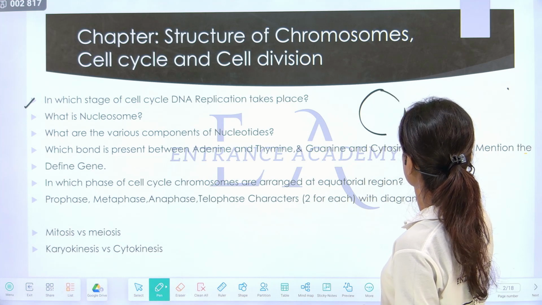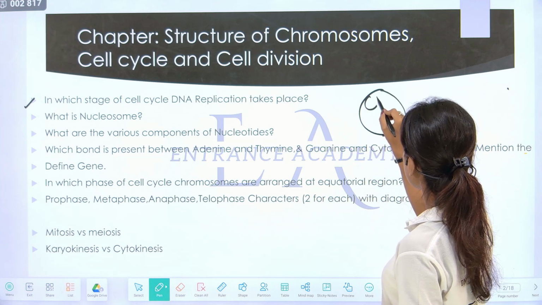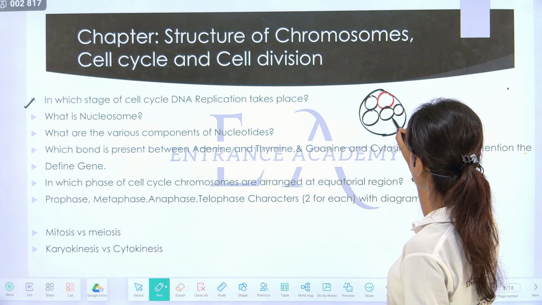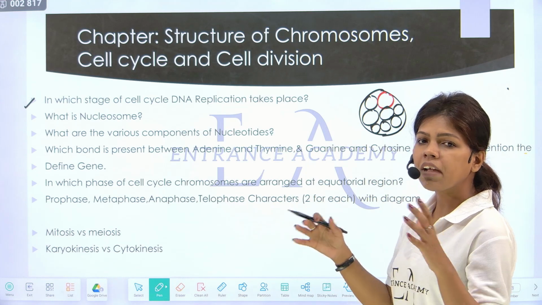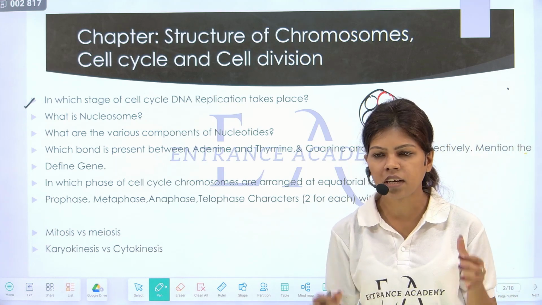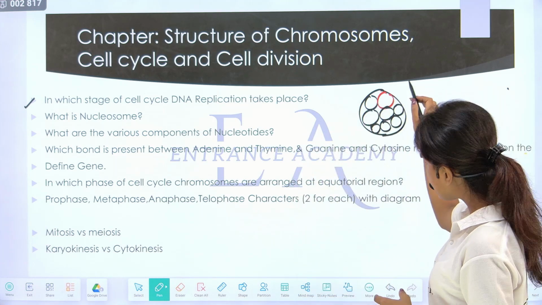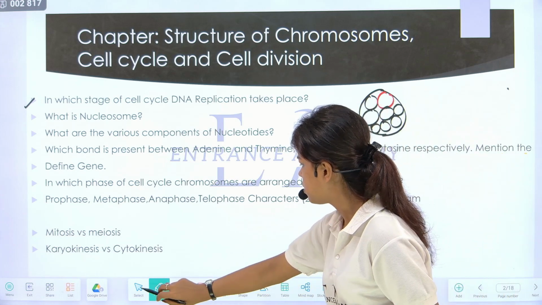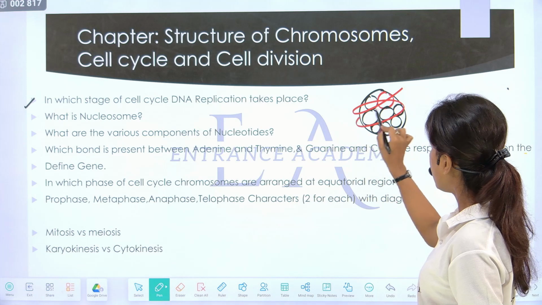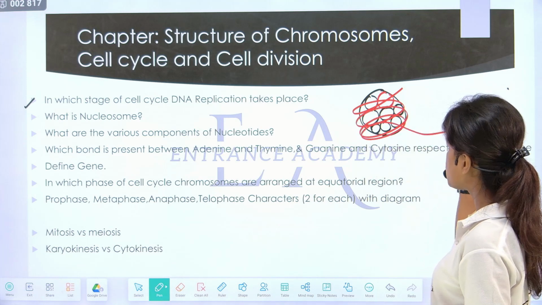There is a core of 8 histone proteins, some globular structures known as histone protein. It makes a core, and DNA winds around this core of histone protein.